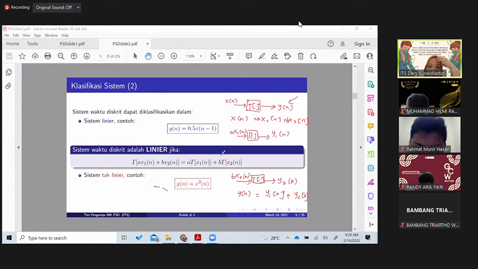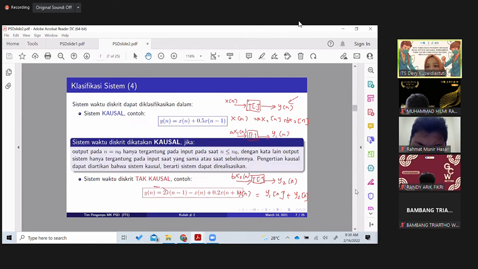You could follow the discussion until here, or if you have some question, you could raise your hand, or you can ask right away, before you forget your question later. So that is a linear system.